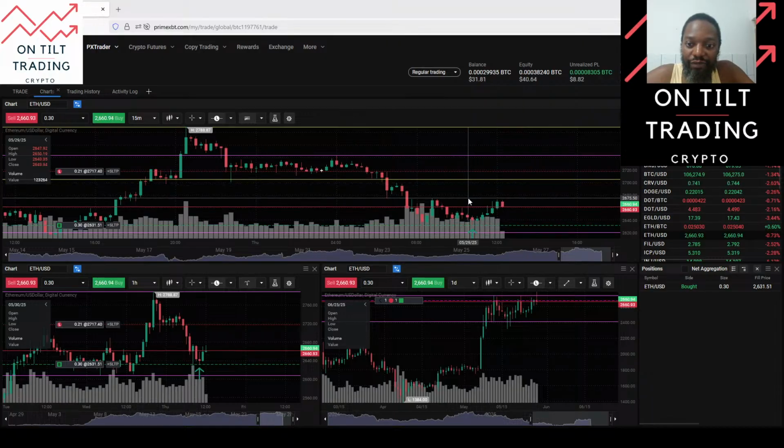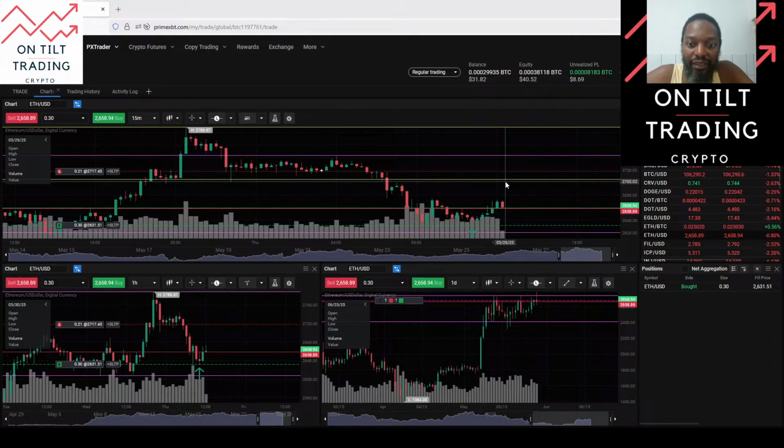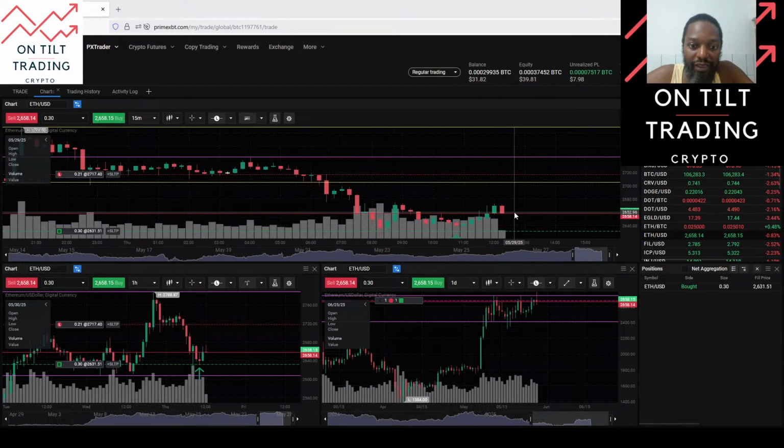I may be asking for too much, but if I get an entry in this area, finding a way to catch the pullback would be ideal. So this week I've just been experimenting with trying to catch the pullback, and if I find enough consistency in it, then I'll keep going with it. If not, then I will just wait patiently until my target is hit and avoid this type of price action here. But I'll walk you through what I was seeing here.